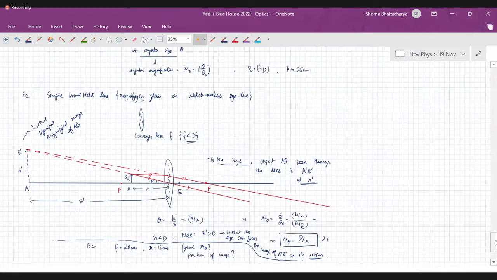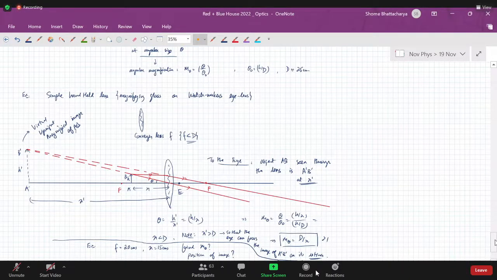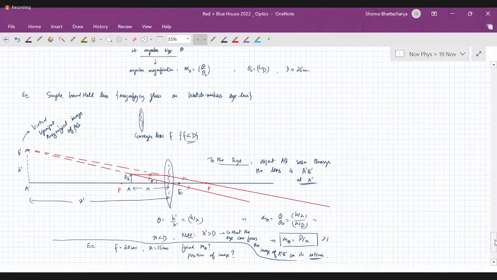Hopefully it will appear to be further away than capital D, and it will achieve an angular magnification in the process. Imagine we are observing a very small object whose height is like half a millimeter or something, hardly perceptible at a distance of 15 centimeters or even 25 centimeters, but it achieves a good angular magnification through this process.